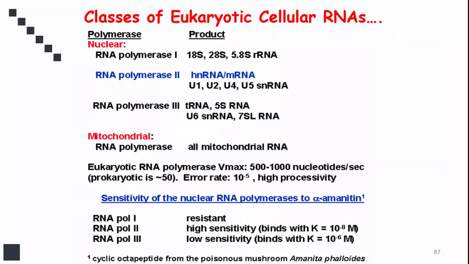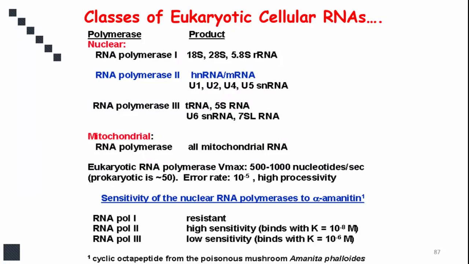So if you classify them, what do you get to see? The polymerase in the nucleus, for instance, RNA polymerase I will transcribe these RNAs. RNA polymerase II will transcribe heterogeneous nuclear RNA, messenger RNA, then small nuclear RNAs U1, U2, U4, U5, and then RNA polymerase III will transcribe tRNA, 5S RNA, U6 snRNA, 7S RNA.